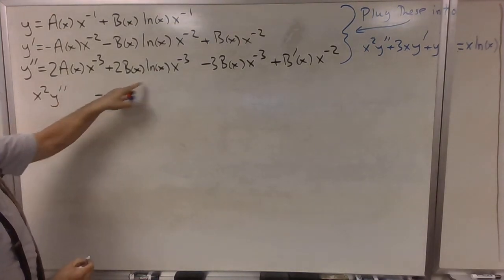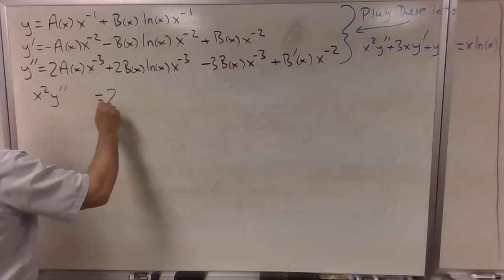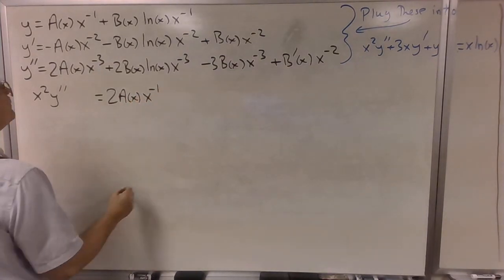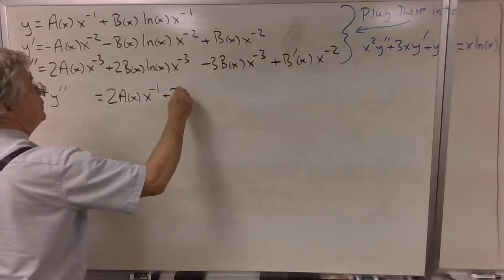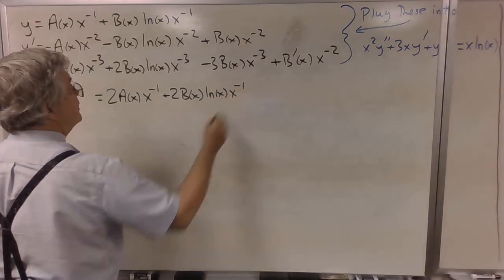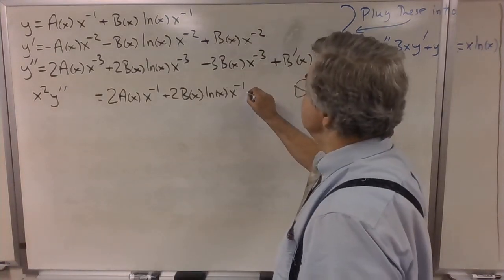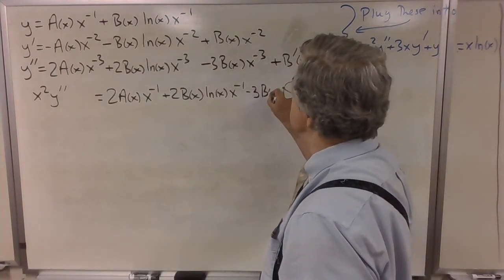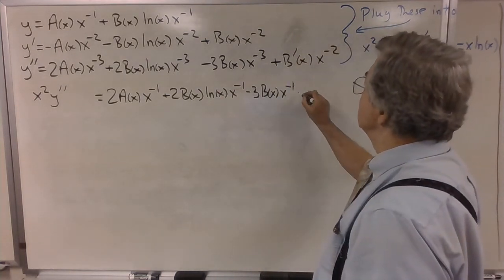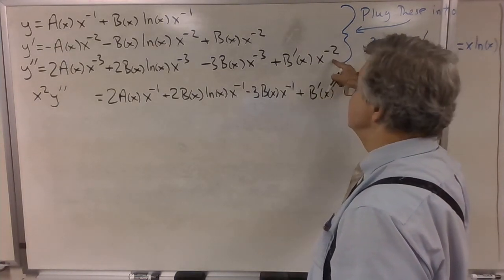I'm taking everything and multiplying it by x squared, so add 2 to each exponent. So I should have 2ax, x to the negative 1, plus 2bx, natural log of x, x to the negative 1, minus 3bx, x to the negative 1, plus b prime of x, x to the 0.